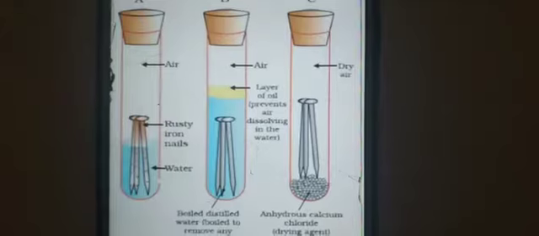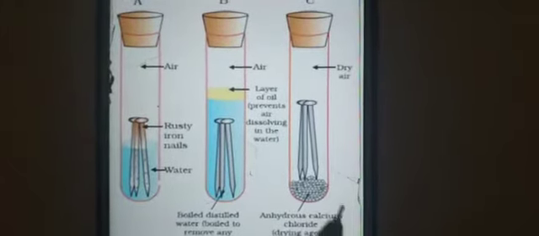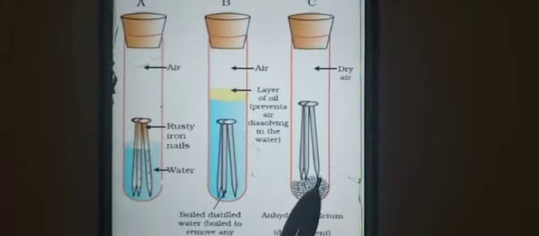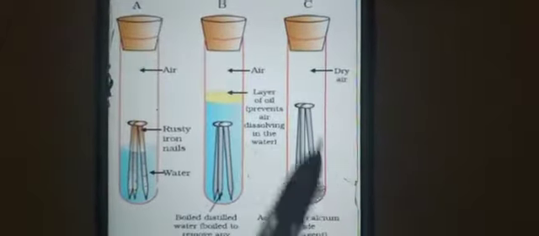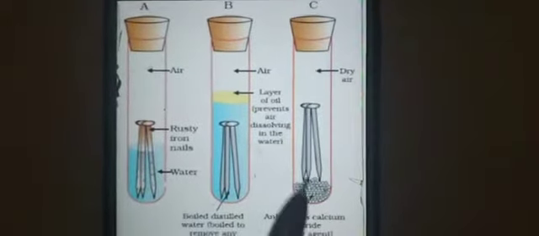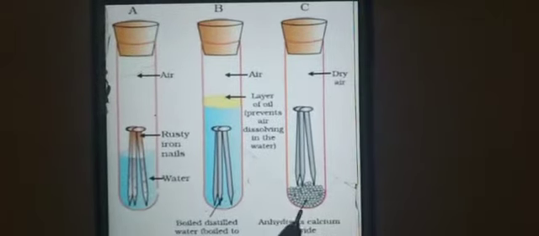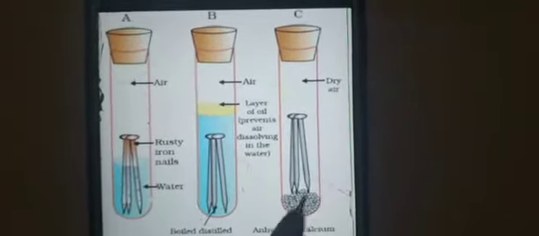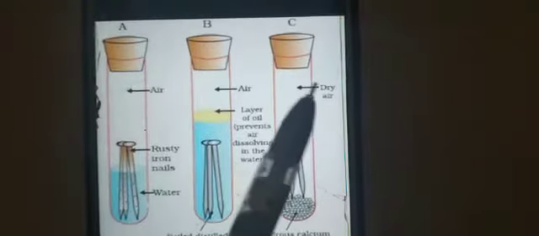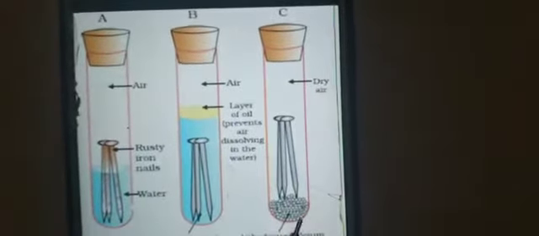We add this because if there is any moisture in the test tube, it is absorbed by the calcium chloride. So it will absorb the moisture, and only dry air will be left.